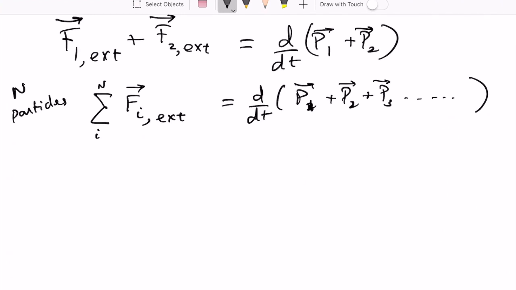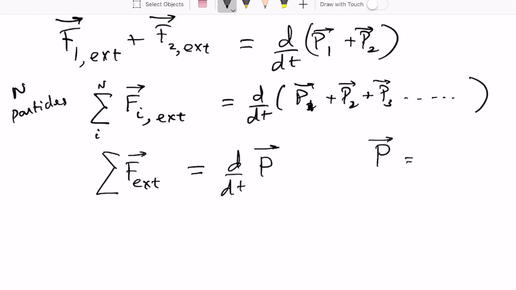So net external force, I'm going to write that as F external with a summation sign to indicate that the net external force on the system is equal to the rate of change of the total momentum of the system, and capital P is summation Pi, and that's the total momentum of the system.